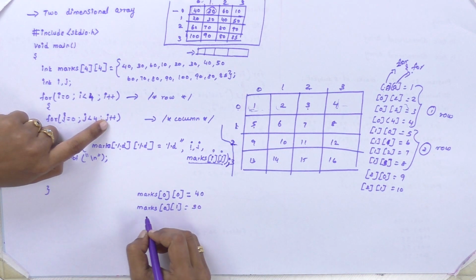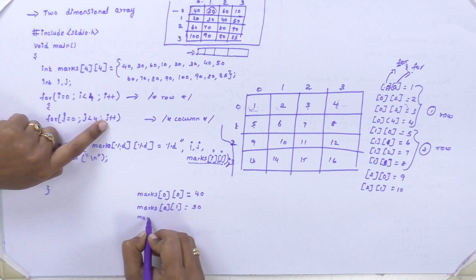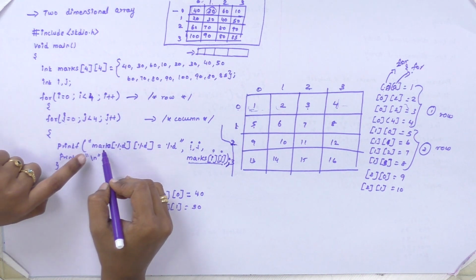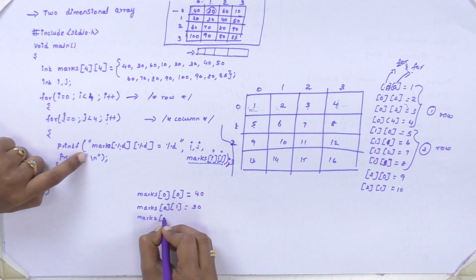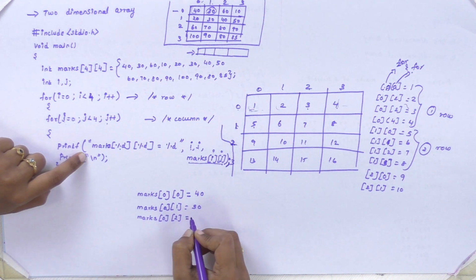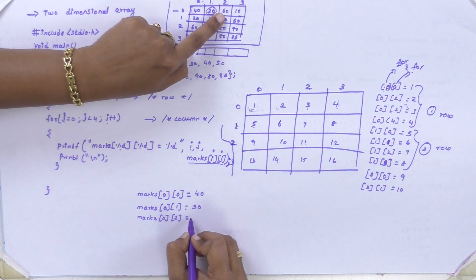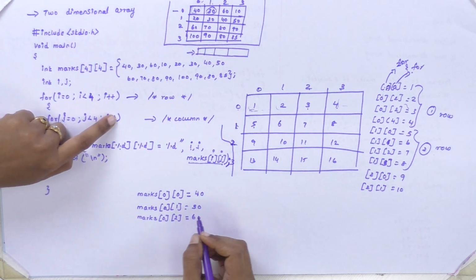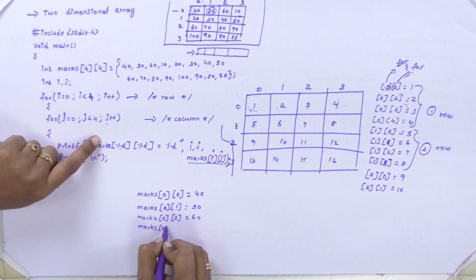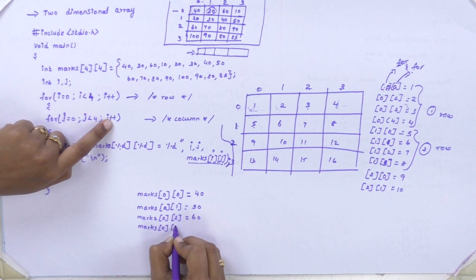Next the j value will be incremented and it checks 2 less than 4, the condition is true, and it will enter into the loop. The i value will be the same and it will print the j value as 2. So 0 2, the value will be 60. Next repeat the process. The i value will be 0, the j value will be 3.